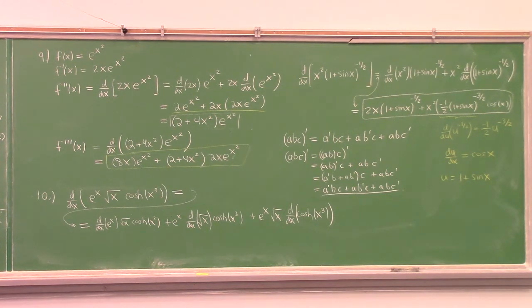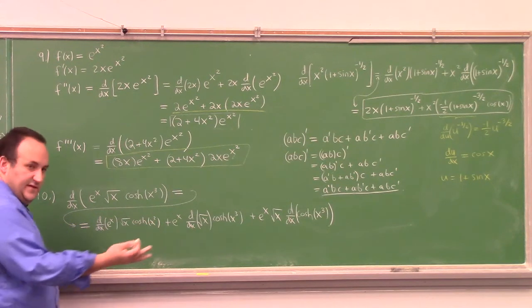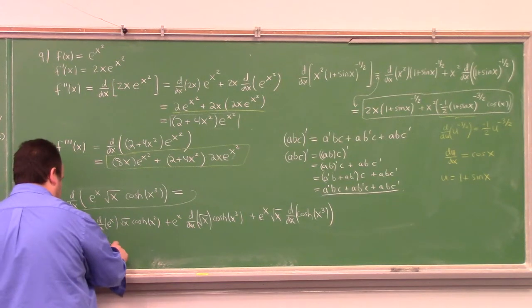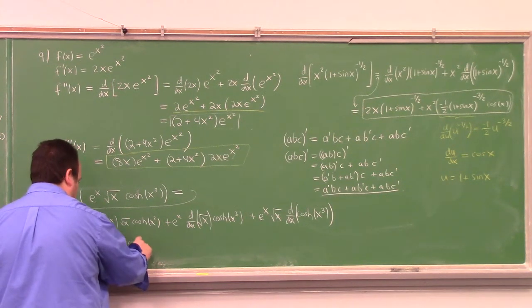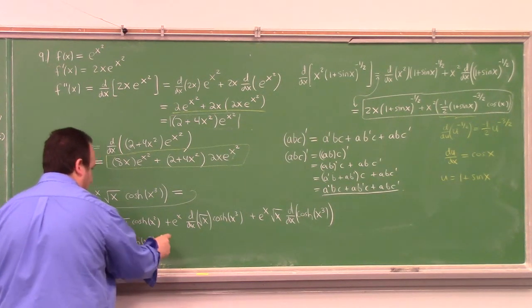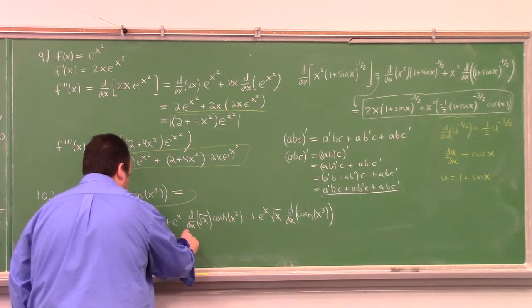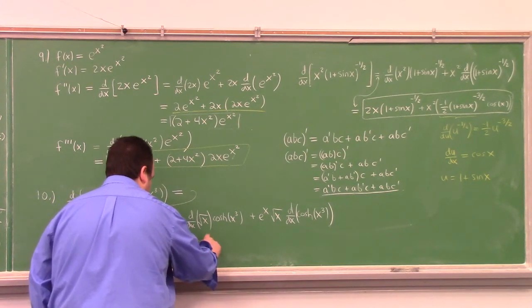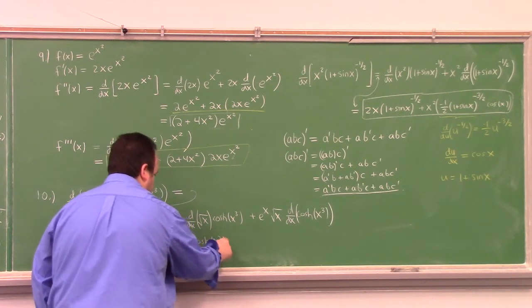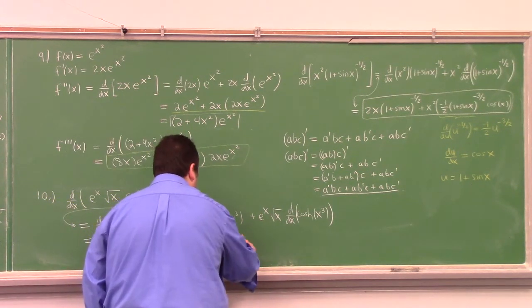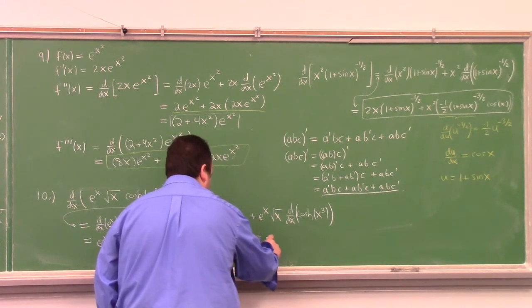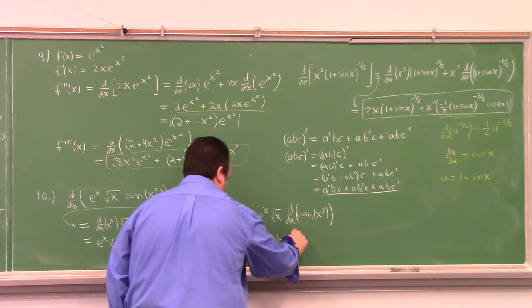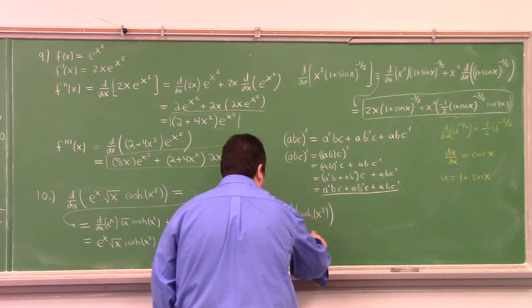And so we can do these differentiations, right? We have e to the x, square root of x, cosh of x cubed for the first term, plus e to the x over 2 times the square root of x, cosh of x cubed, and finally e to the x, square root of x, sinh of x cubed times 3x squared.